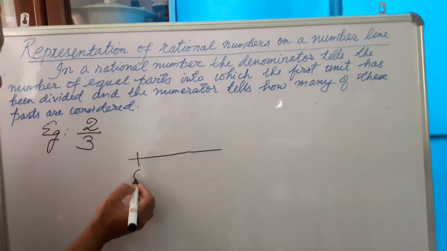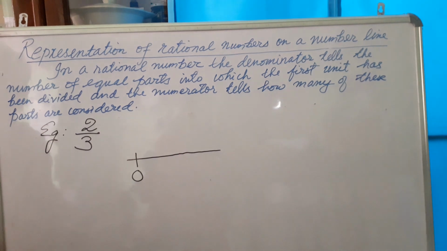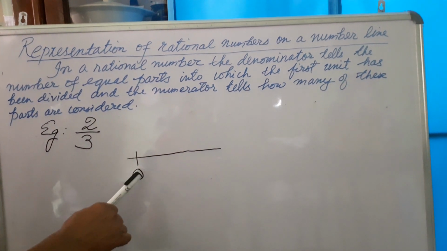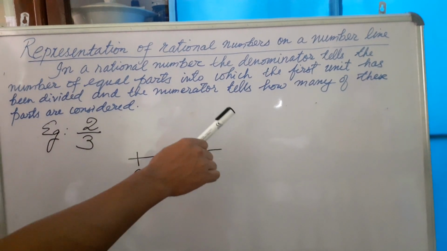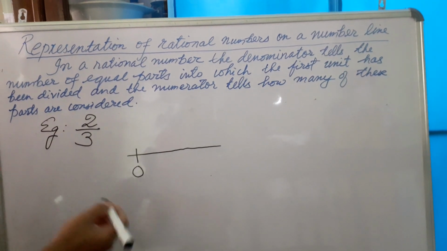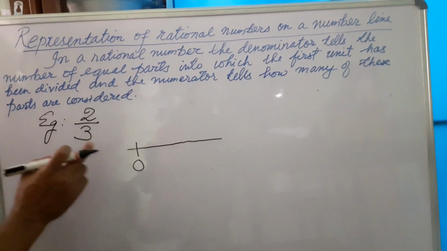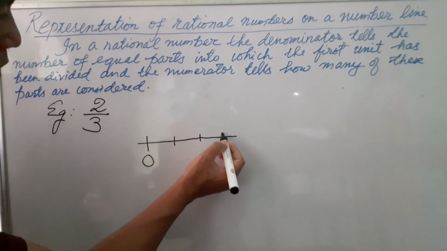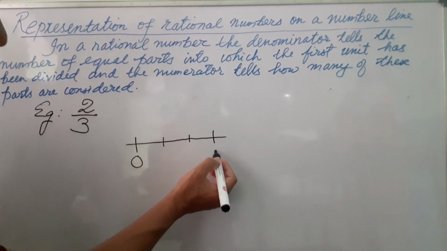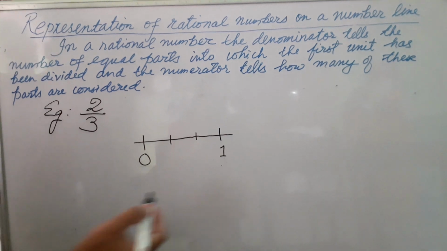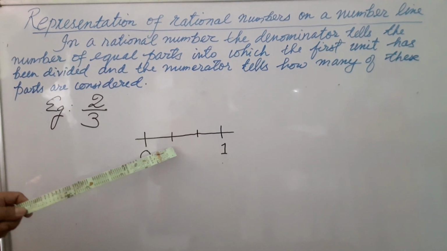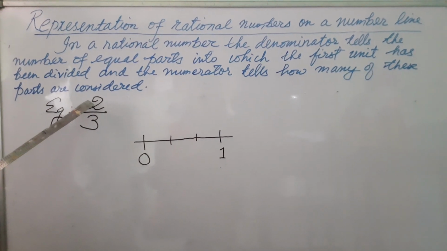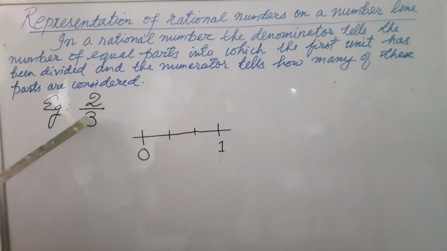First point you take 0, and up to 1 it is considered as 1 unit. This 1 unit will be divided into 3 equal parts. 1, 2, 3. When it comes to 3, it is 1. And we are considering 2 parts out of 3.